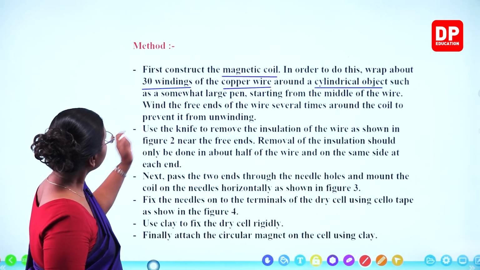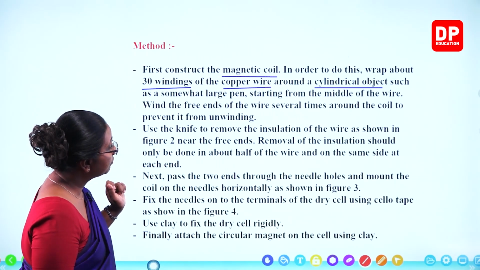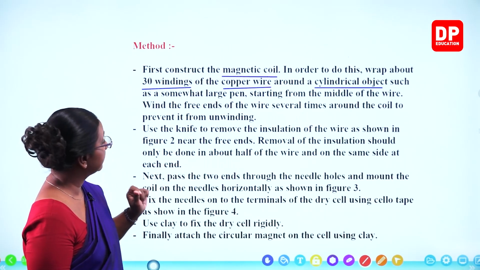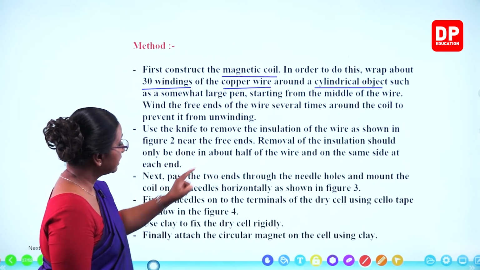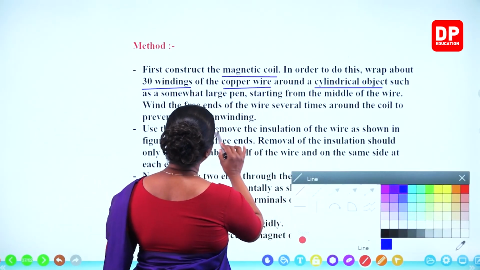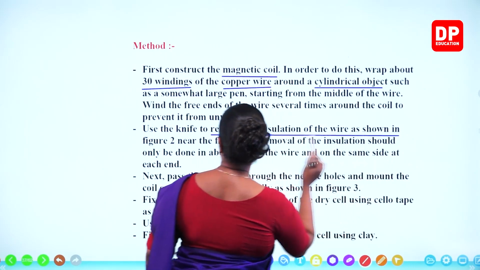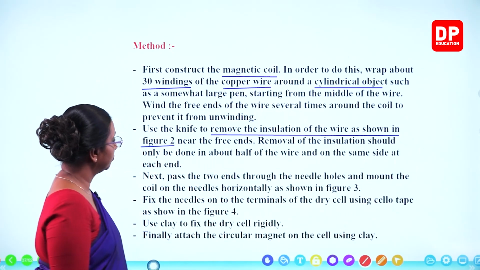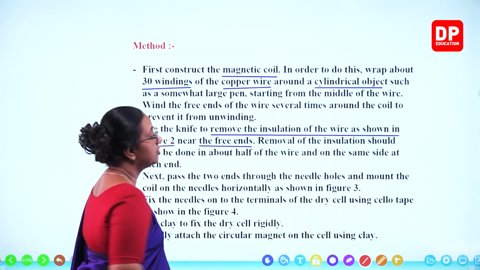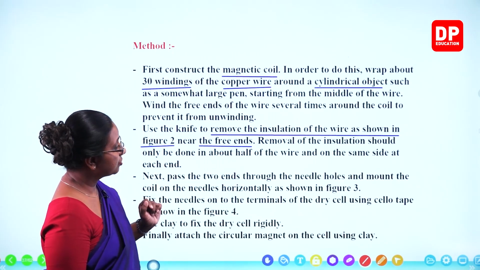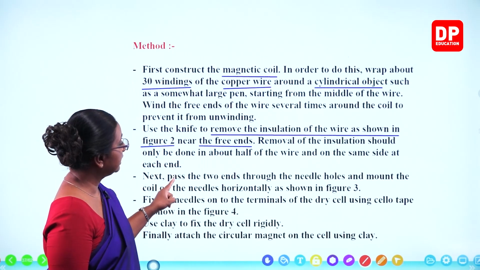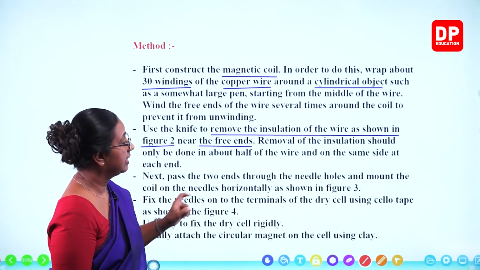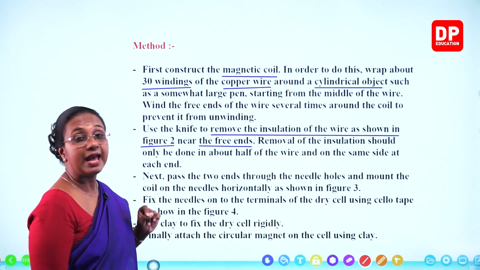Then, use the knife to remove the insulation of the wire as shown in figure 2 near the free end. So, you need to remove the insulation of the wire as shown in figure 2 near the free ends only. Removal of the insulation should only be done in about half of the wire and on the same side at each end.